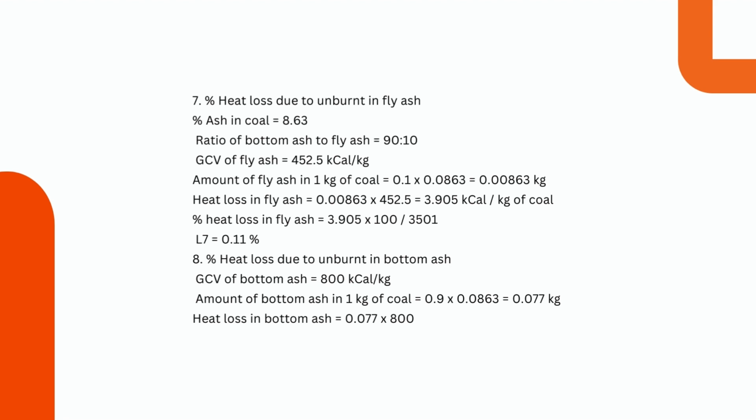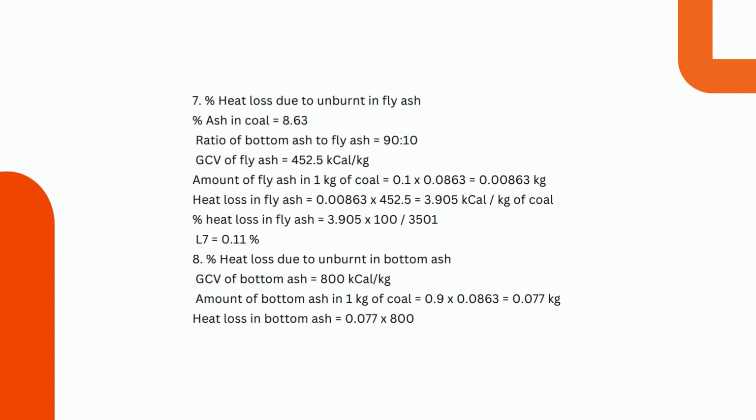Heat loss in fly ash is 0.00863 into 452.5, which is 3.905 kilocalorie per kg of coal. Percent heat loss in fly ash is 3.905 into 100 divided by 3501. L7 is 0.11%.